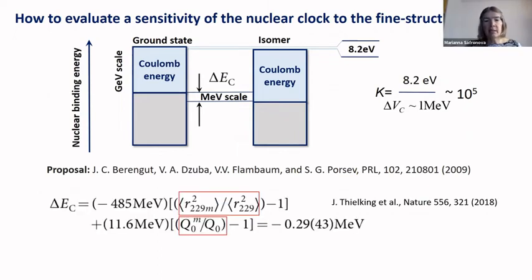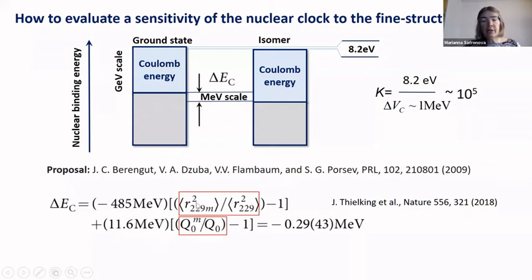The basic idea is, where could the difference in Coulomb energy come from? From a very simple idea, it will come from the differences between the nuclei in the ground state and the isomer state. That will come from the difference in the charge radii of the ground and isomeric states, and the difference in the quadrupole moments.